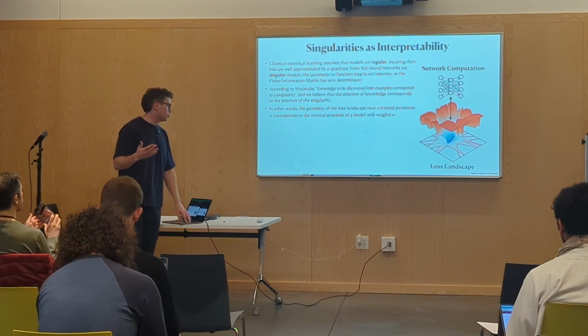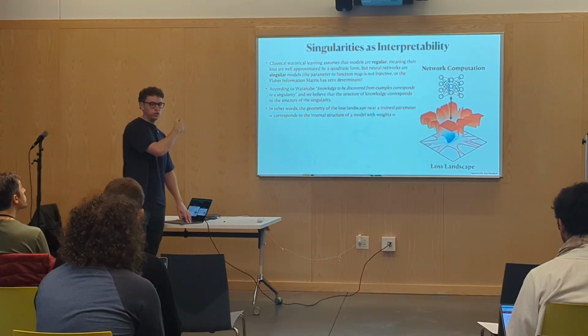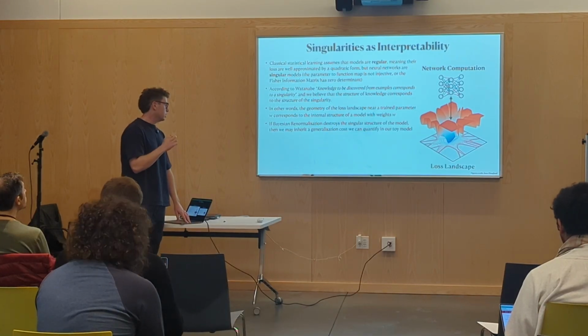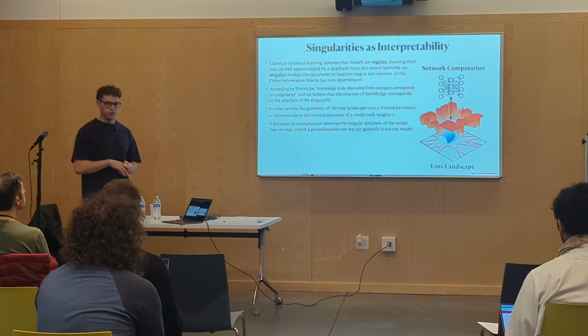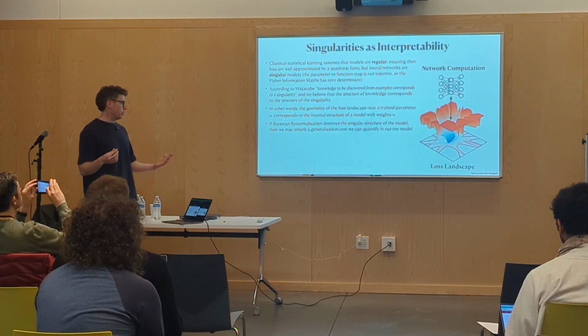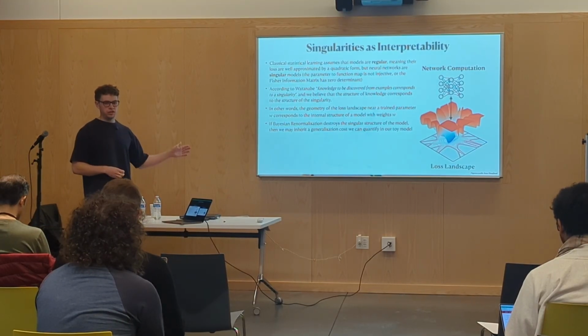In other words, the geometry of the loss landscape near a trained parameter should correspond to the computational structure of your model. Now, I personally think if Bayesian renormalisation destroys this singular structure, that can maybe incur a generalization cost, because the SLT answer is that singularities help you generalize.